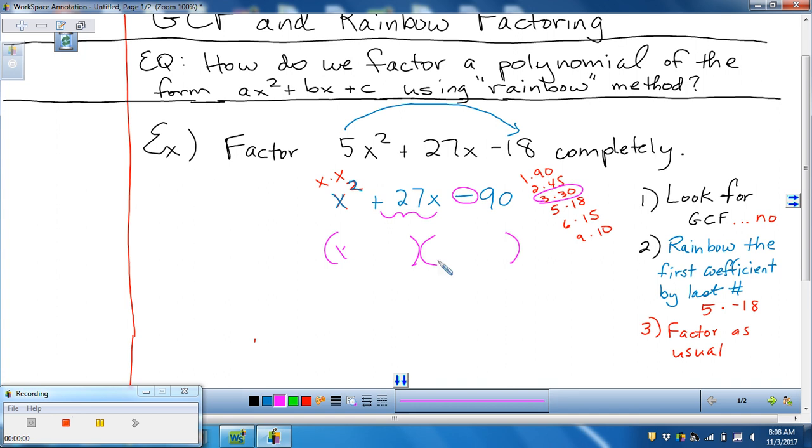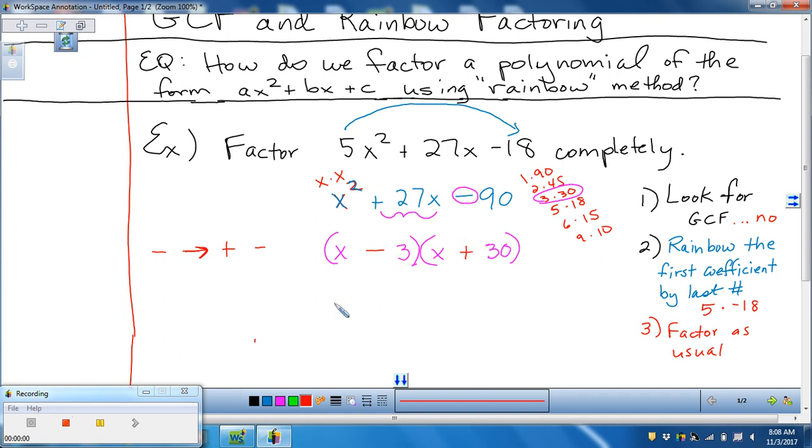So we've got x times x, we've got 3 times 30, and because we're subtracting, remember subtraction means that you're going to have one positive and one negative sign, or one plus and one minus sign. We need a positive 27, so our larger number is going to take the plus sign, and our smaller one will take the minus sign.